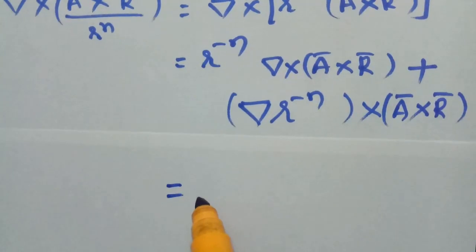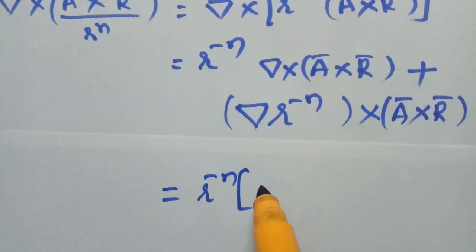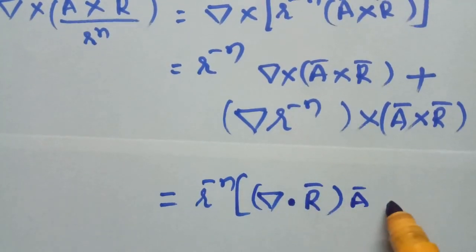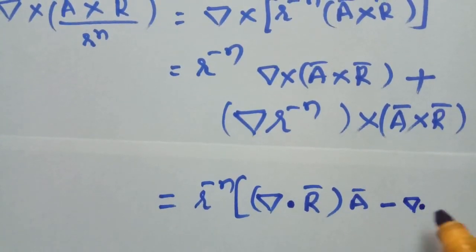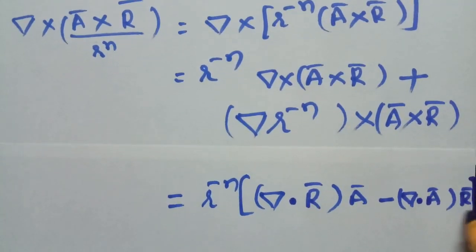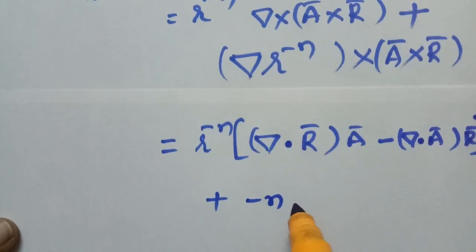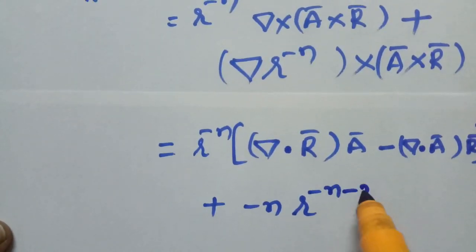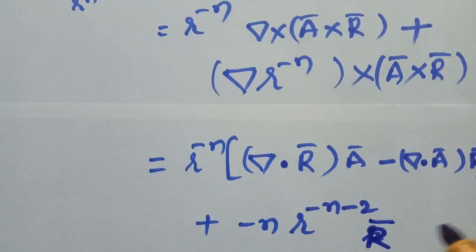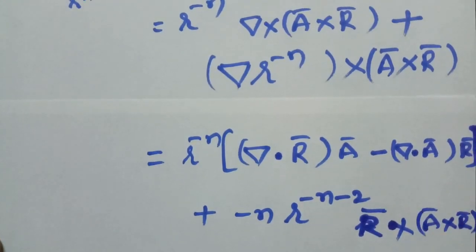This is equal to r power minus n into a bar cross b bar cross c bar, so that means a bar dot c bar into b bar minus a bar dot b bar into c bar, plus del of r power minus n, that is minus n into r power minus n minus 2 into r bar, here capital R bar, cross a bar cross r bar.